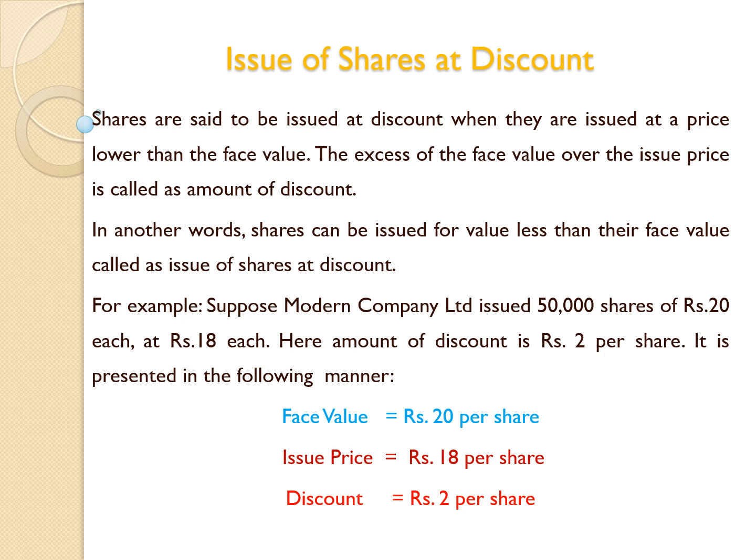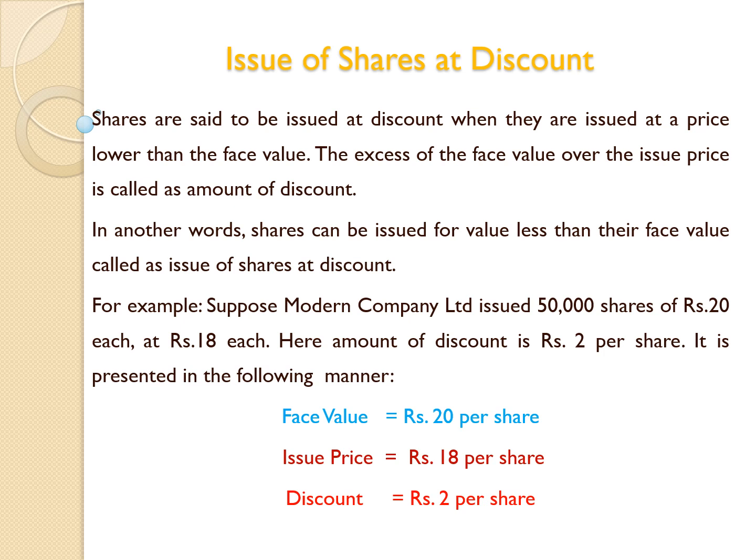In other words, shares can be issued for a value less than their face value, called issue of shares at discount. For your information, I am putting here one example for understanding what discount means.